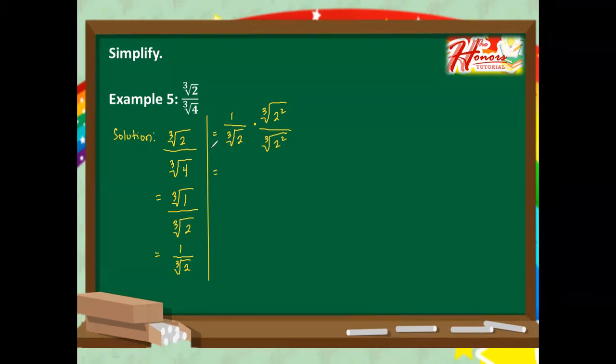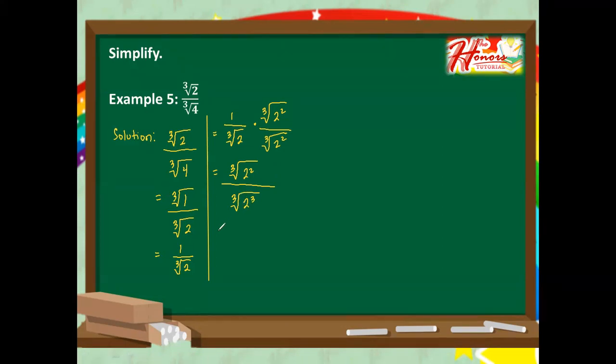So that's why we are rationalizing it. So 1 times cube root of 2 squared is equal to cube root of 2 squared over cube root of 2 times cube root of 2 squared is equal to cube root of 2 cubed. We just add the exponents because they have the same base. So now this is what we are going to do.